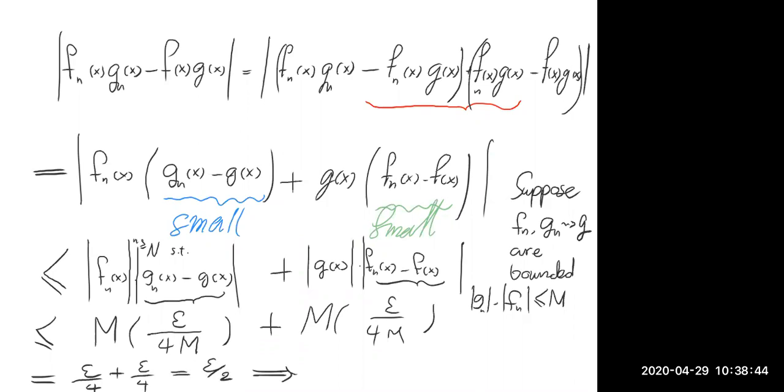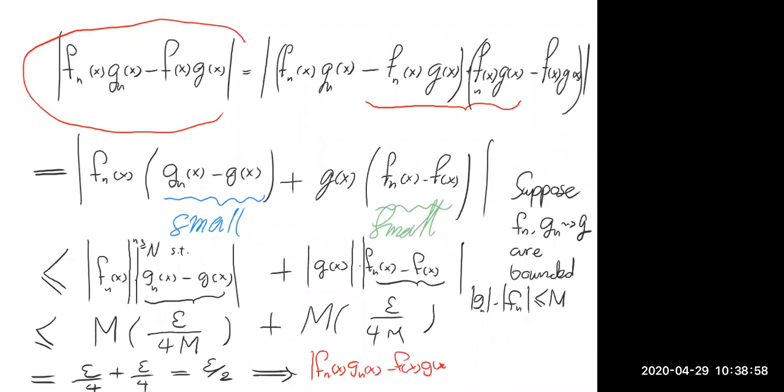So if you look, what we proved is that this quantity FnGn minus FG at every point x, for every point x, |FnGn minus FG| is less than epsilon over 2 when n is greater or equal than N. Say here this condition would be satisfied if n is greater or equal than N1. Here this condition would be satisfied if n is greater or equal than another number, say N2.